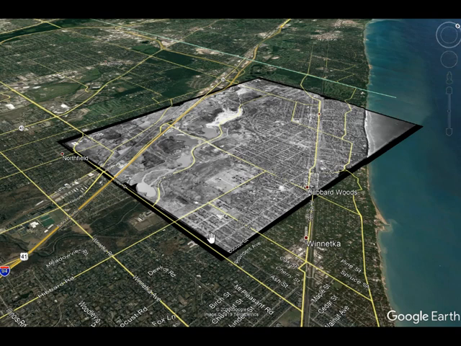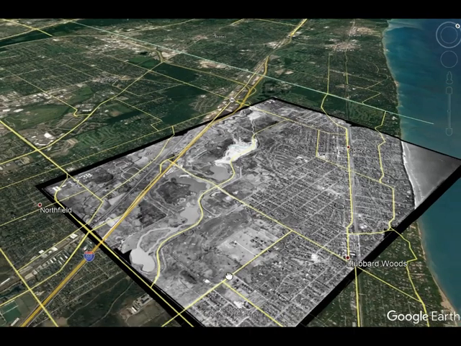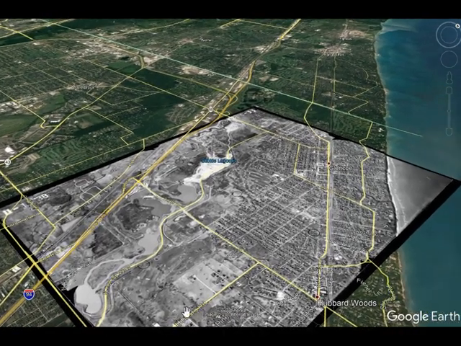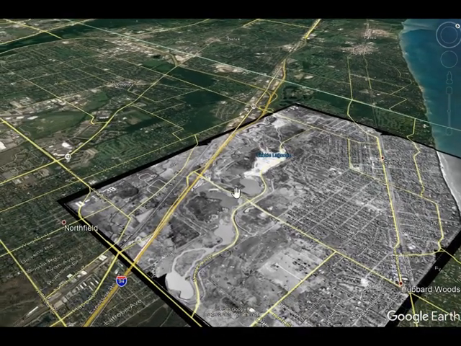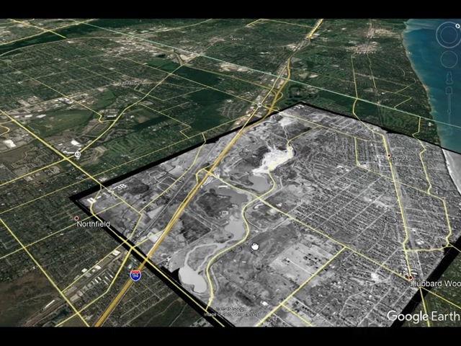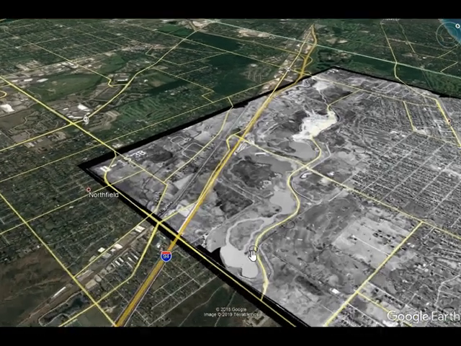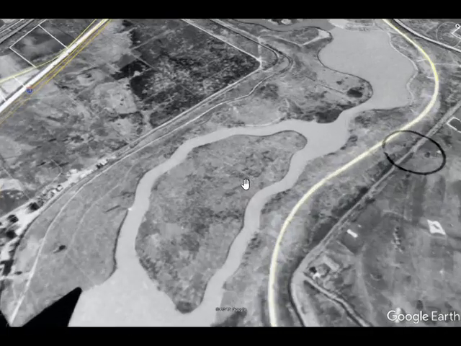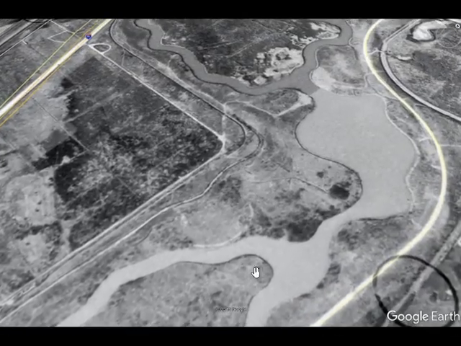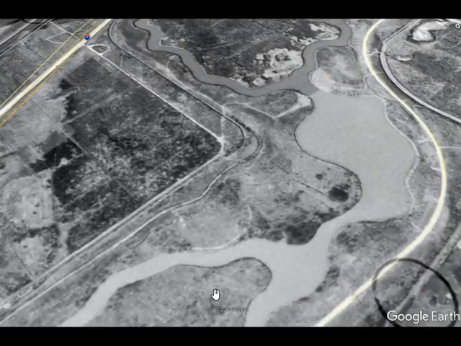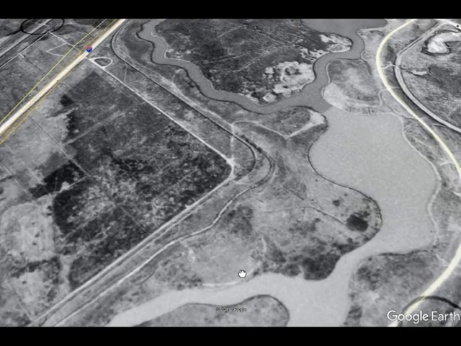If you look at this, this is the detailed image that we were looking at earlier, or at least part of it, showing in great detail this area in November of 1938.